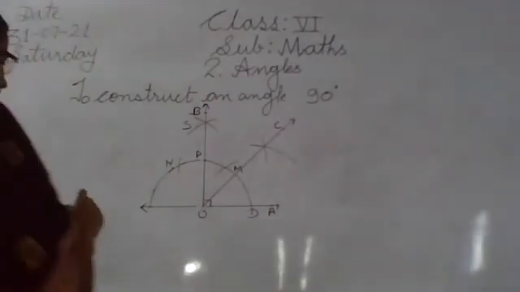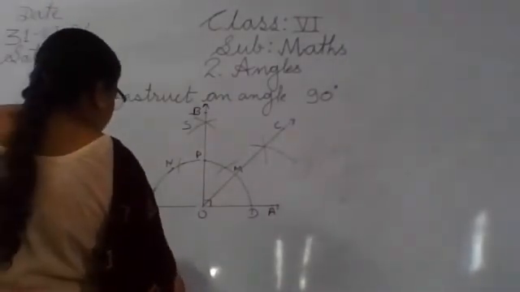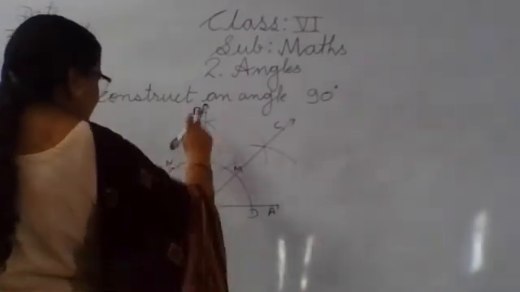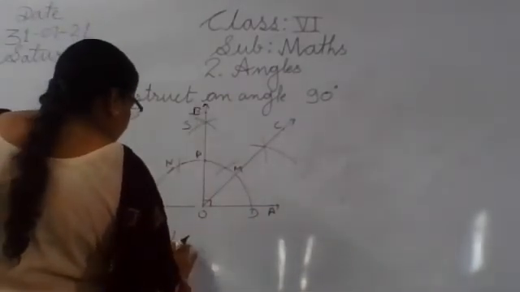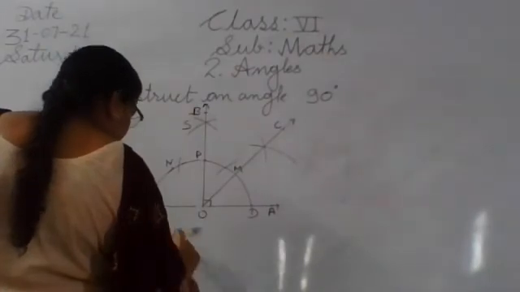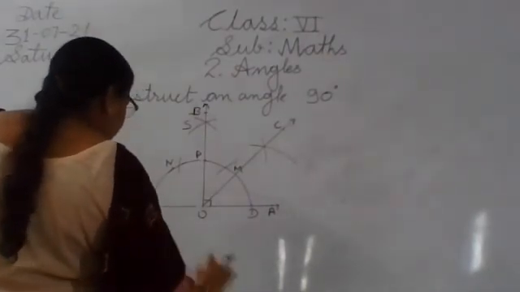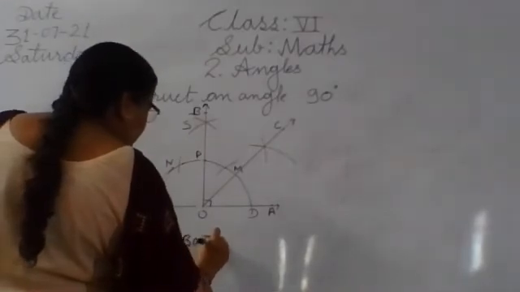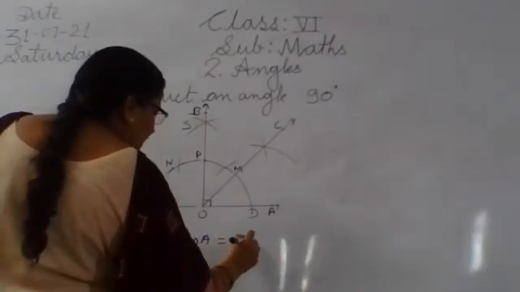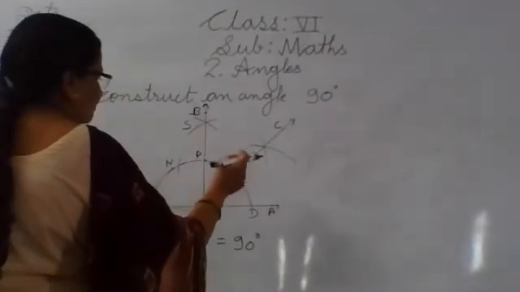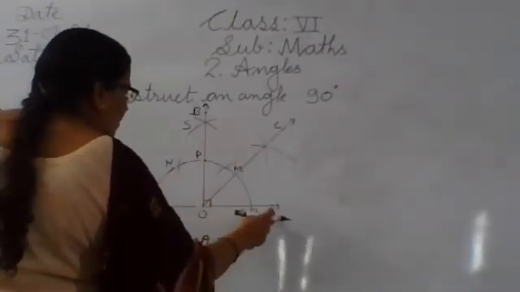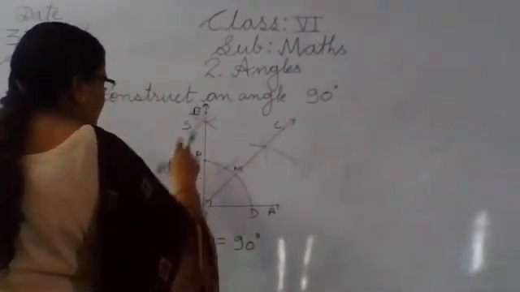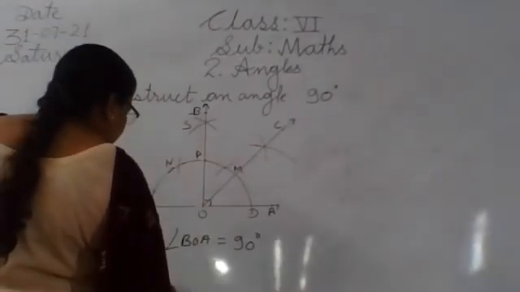Okay, now see, measure of angle BOA equals to 90 degree. Now measure of angle COA, or you can say BOC.